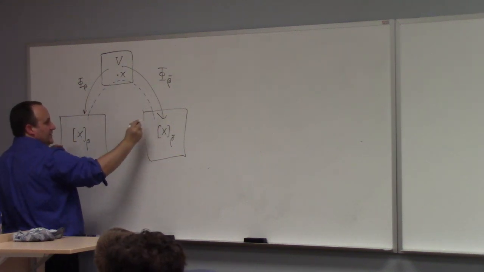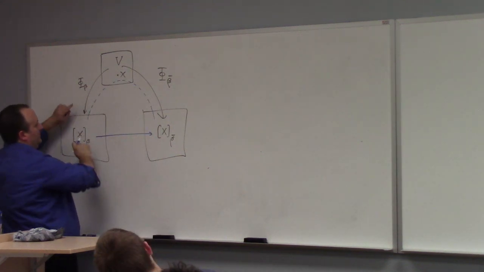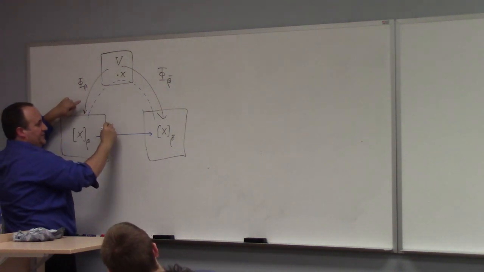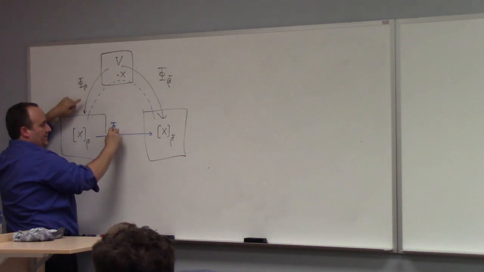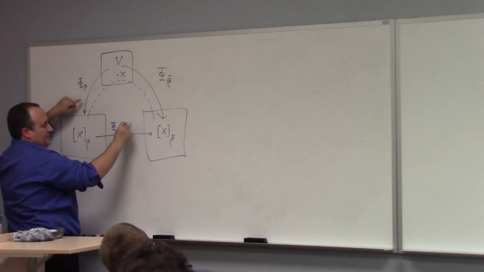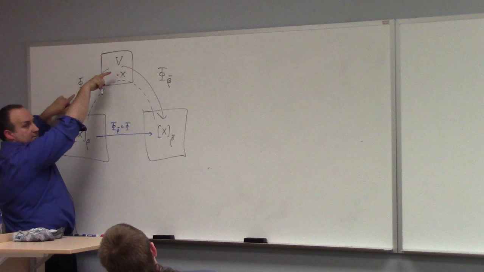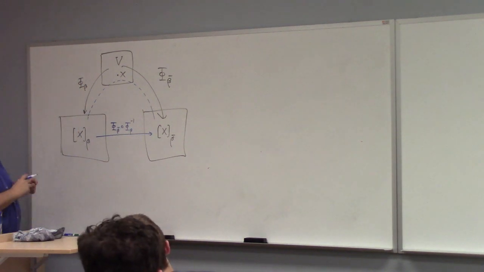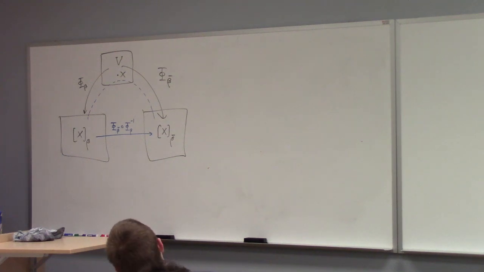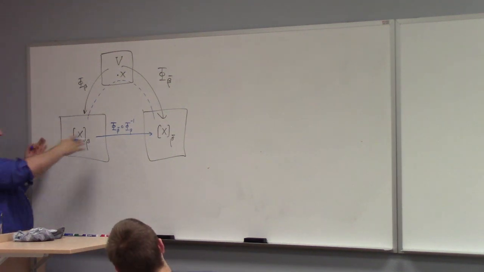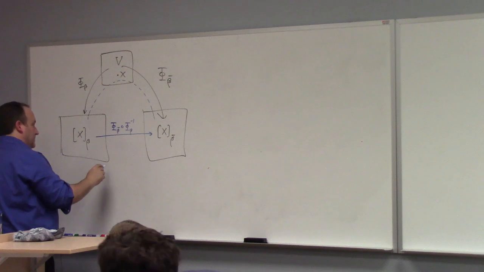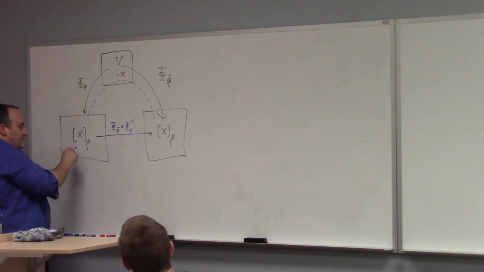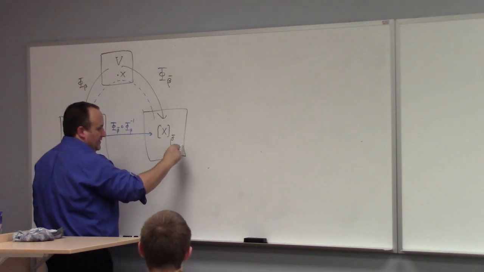So what's this map? The last shall be first. So phi beta bar composed with phi beta inverse. And that should connect these. Now, down here we're talking about Fn and Fn, right?